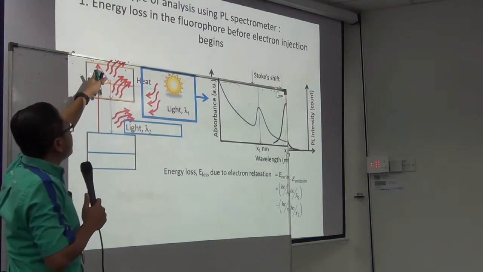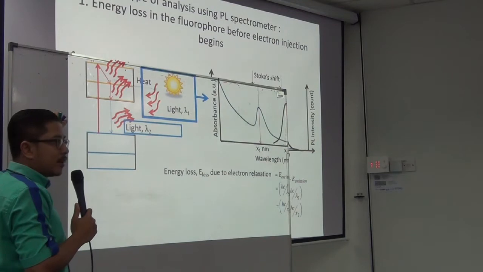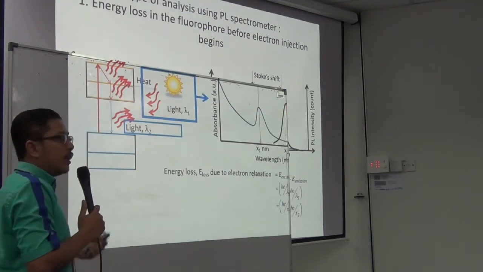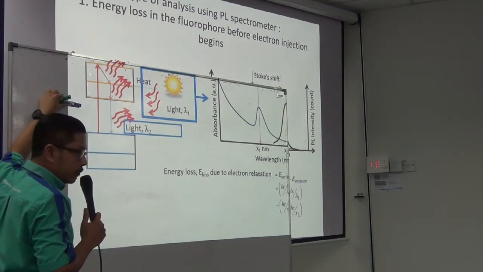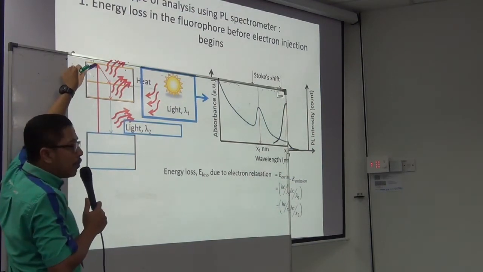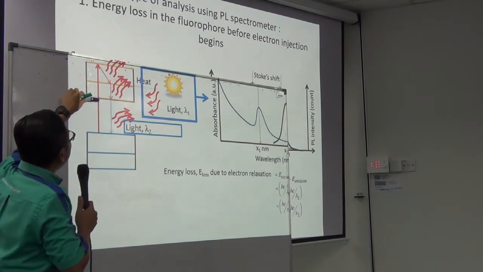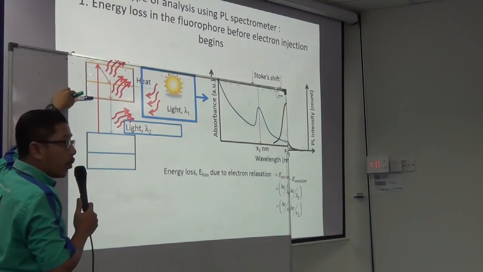And the electron must be injected to the LUMO or the conduction band of the second semiconductor. But before the injection could happen, the electron excited at the higher LUMO relaxes to a lower energy level, then it could be injected starting from LUMO 0.